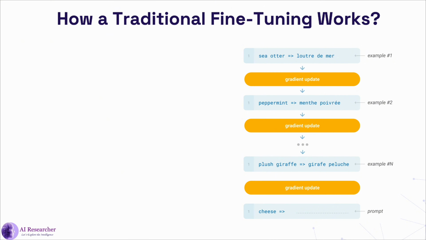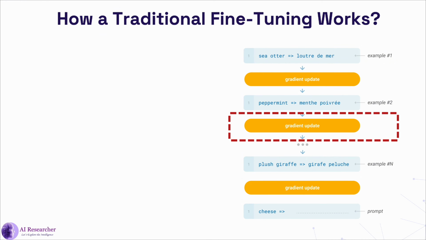Next we provide example number 2, another task, and this will help the model to learn further. Then again in the fourth step we do a gradient update. After each task the model receives another gradient update to adjust its parameters and continue learning from its mistakes. And this is a repetitive process.